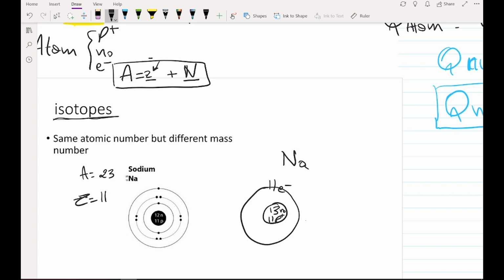Sodium عندها 11Z و 24A. These two elements are isotopes لأنه عندهم same Z but different A.